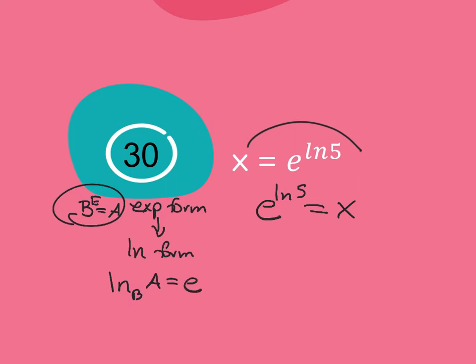So ln, the base is e, and actually let me put the little e here, and then the answer is x, and it equals the ln 5. And again, you assume the little e there. I'm going to use that last property where notice the ln e is the same on both sides. So cancel it, and you're left with x equals 5.